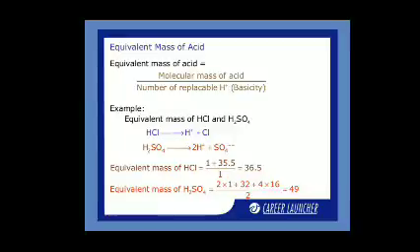Therefore, equivalent mass of acid is equal to gram molecular weight divided by basicity.